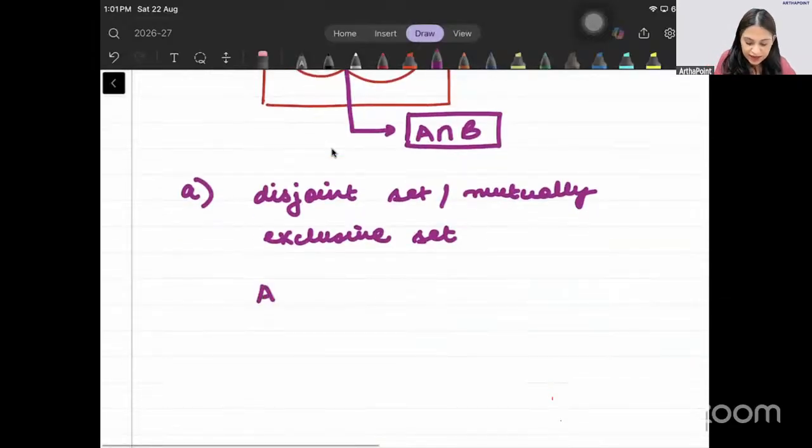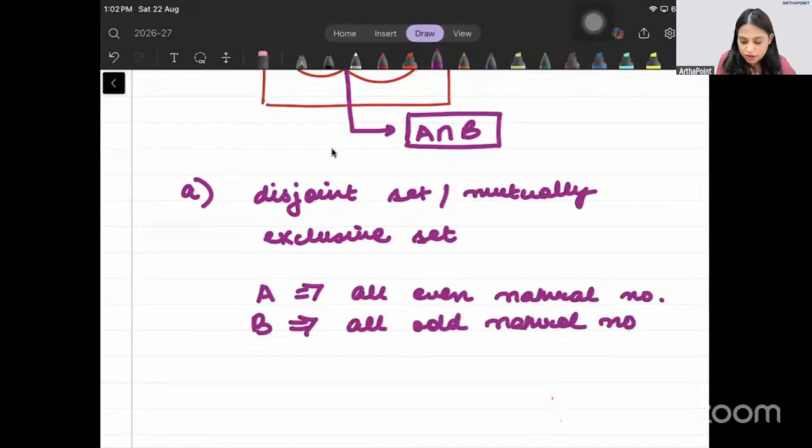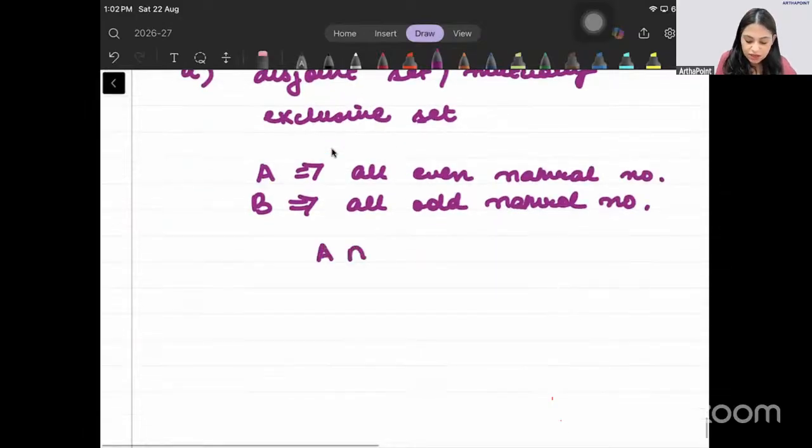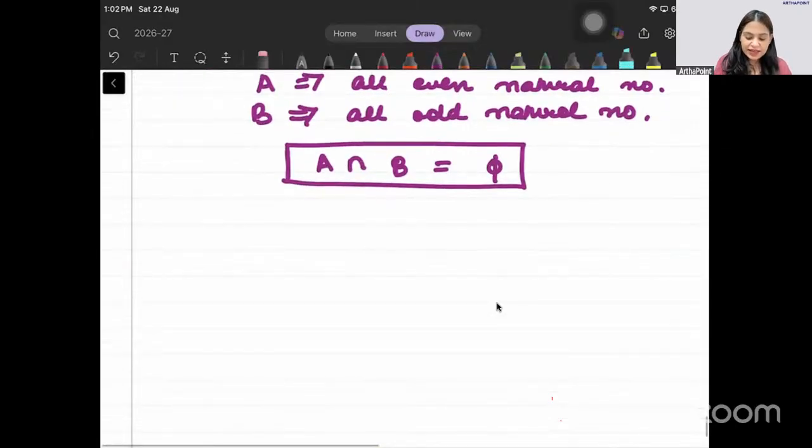So if I say that A is all even natural numbers and B is all odd natural numbers, there is nothing common between A and B, and A intersection B will be empty. So if there is nothing common between the two sets, A और B के बीच में कुछ भी common नहीं है, then we can say that A and B are disjoint sets.